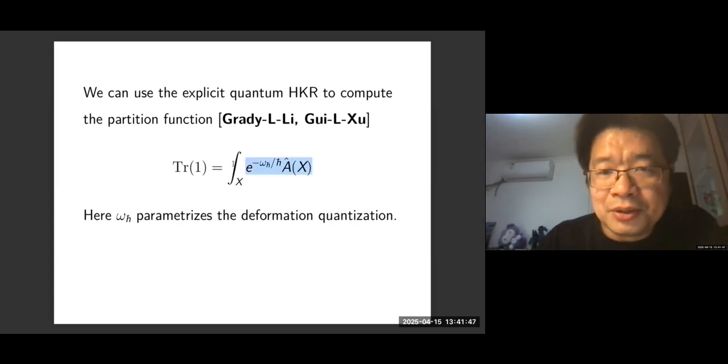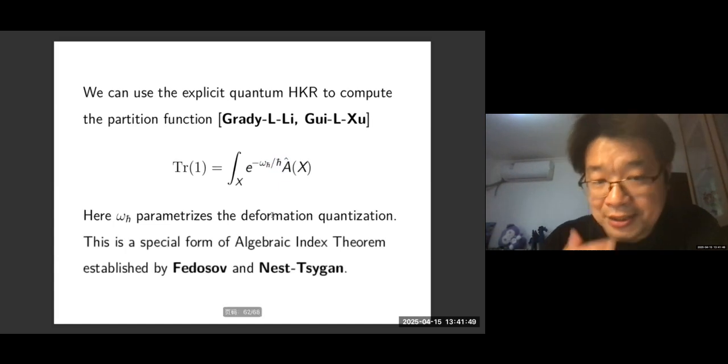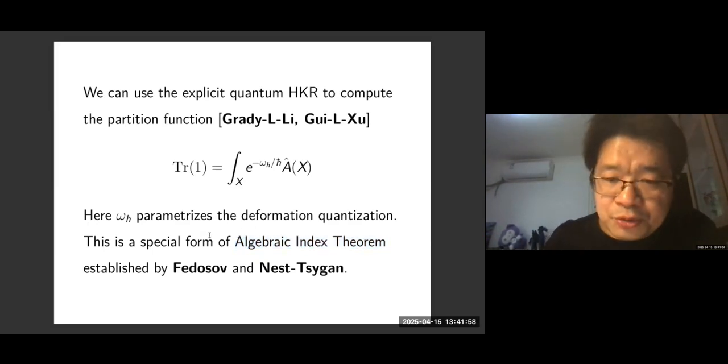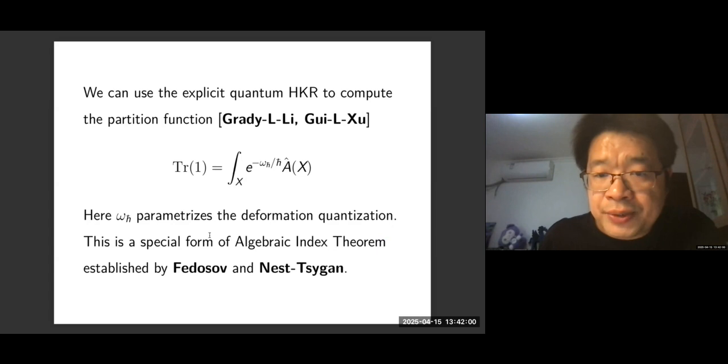So you see, this formula looks very familiar, right? Actually, this is a special form of the so-called algebraic index theorem established by Fedosov and Nest-Tsygan. This is called the algebraic index theorem. It's the algebraic analog of the Atiyah-Singer index theorem. And of course, you can also add more data.